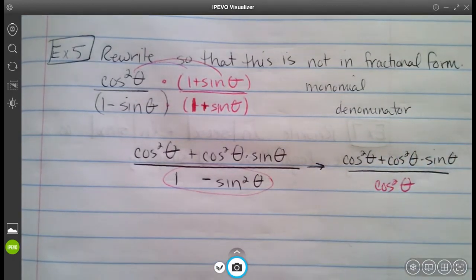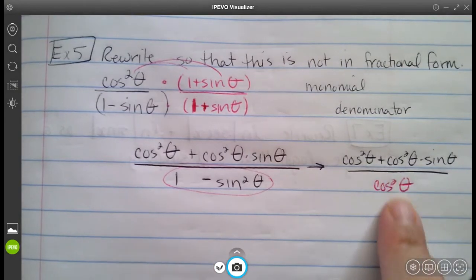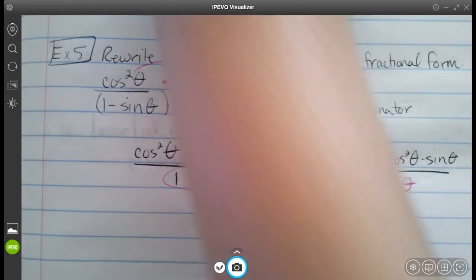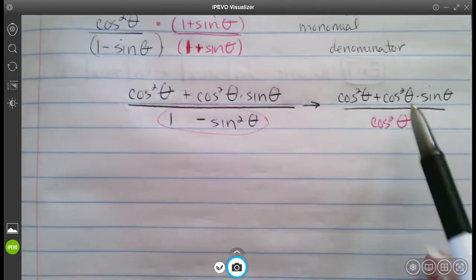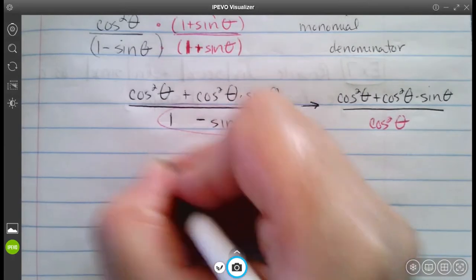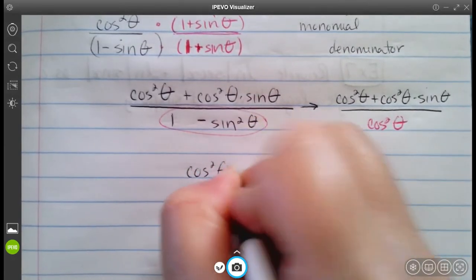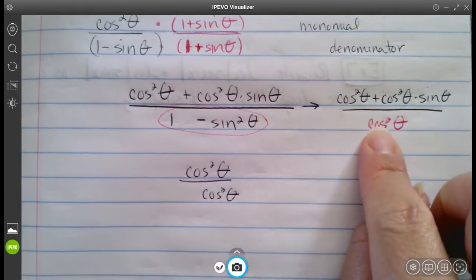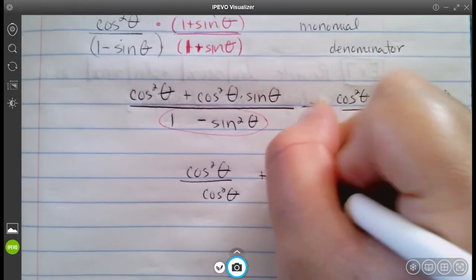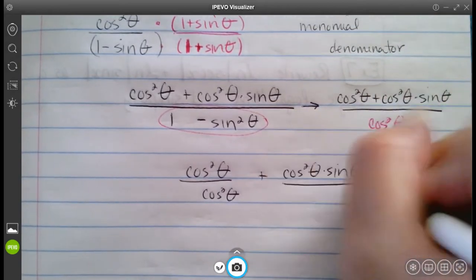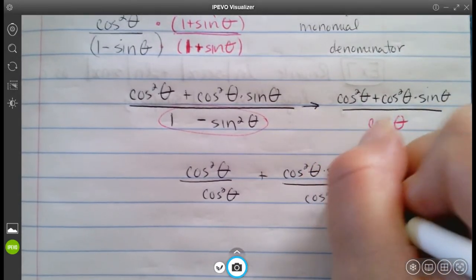And maybe some of you can kind of see what's going to happen here, but at this point, you can basically factor out a cosine square theta from everything. And if that's a little bit too much for you, you can also expand the fraction. So we would have cosine square theta over cosine square theta, plus cosine square theta times sine theta over cosine square theta.